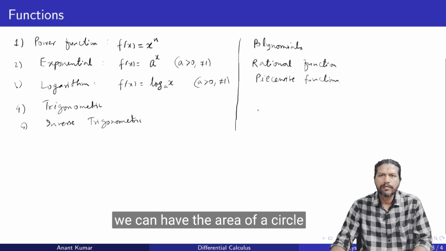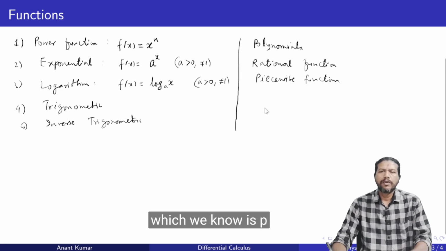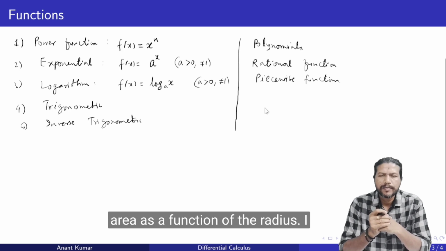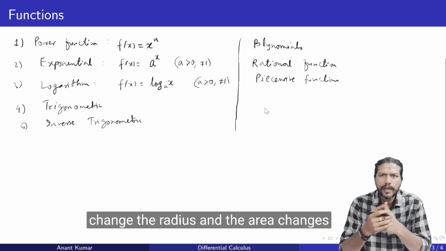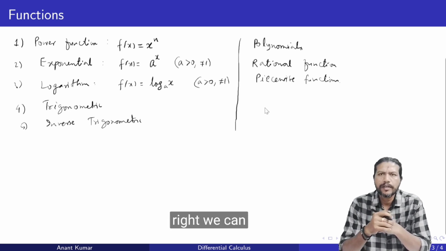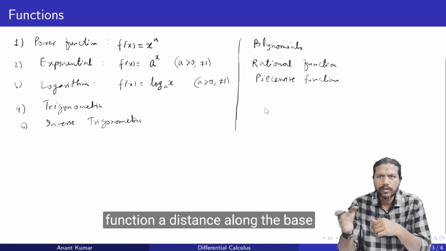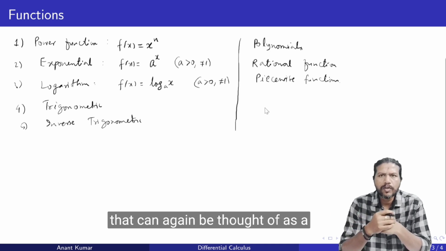For example, we can have the area of a circle, which we know is pi r square. Therefore, I can think of the area as a function of the radius. I change the radius and the area changes as well, right? We can, for example, consider the height of a roller coaster as a function of the distance along the base. That can again be thought of as a function.